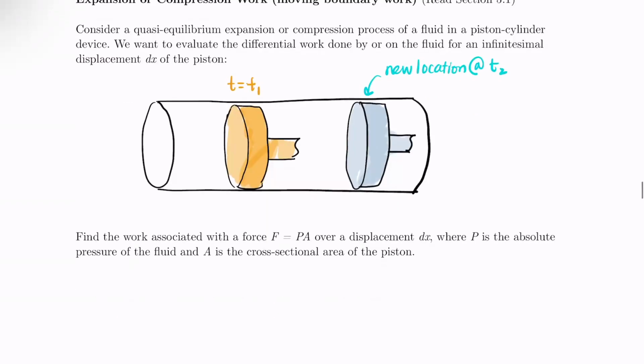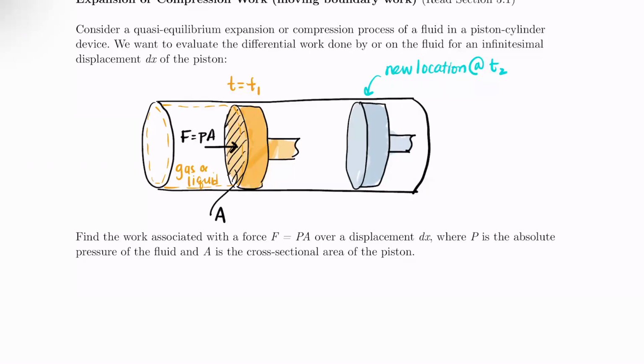So we have a few things that we can note on here. This surface area is A. That stays the same. And our system at T1 is this amount of fluid in the cylinder here. All right, so this is a gas or a liquid in here. And we have acting on our piston a force which is equal to pressure times the area.